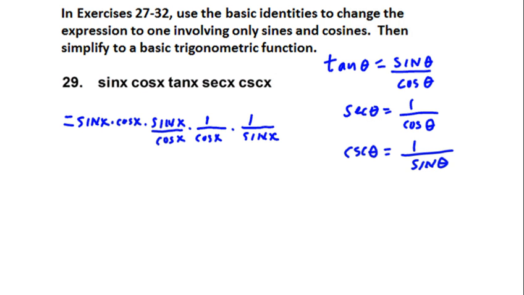And we just cancel out where we can. We have sine x in the numerator here divided by sine x on the right. We have cosine x here on the left divided by cosine x on the right. And what do we have left? We have just sine x over cosine x, which is going to be equal to, looking at our tangent identity over here in the upper right, tangent x. So we multiply all these together, we should get the equivalent of tangent x.